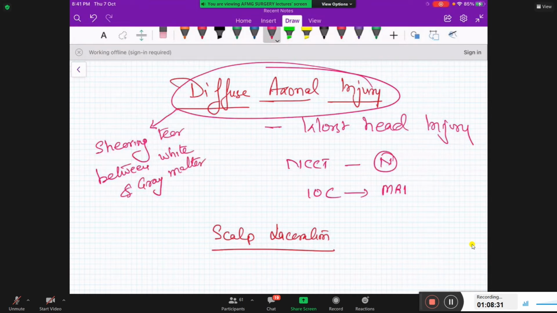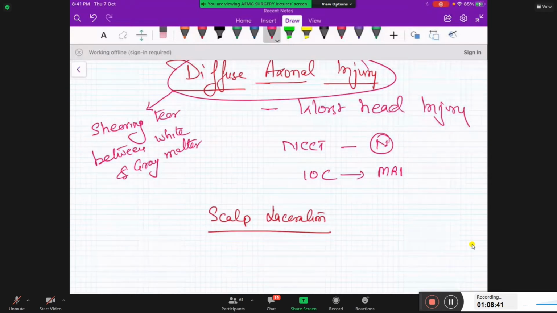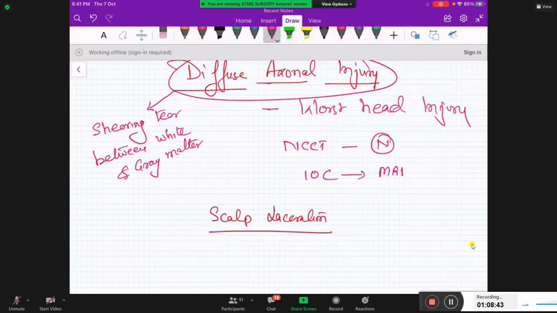So in MRI, you can see the differentiation of white and gray matter. This is not required at grade level. You just need to know that non-contrast CT can be normal and the investigation of choice here is MRI. They will not give you an MRI and ask you to find out, and they will not ask what finding you will get in MRI.